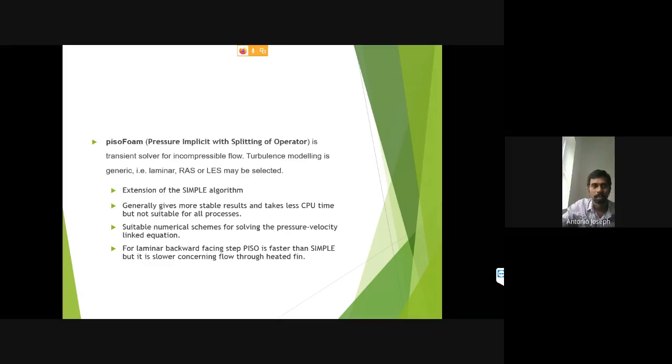But anyhow, if you want to use LES or RAS, the apt solver is pisoFoam, for solving unsteady, turbulent, incompressible flow problems.